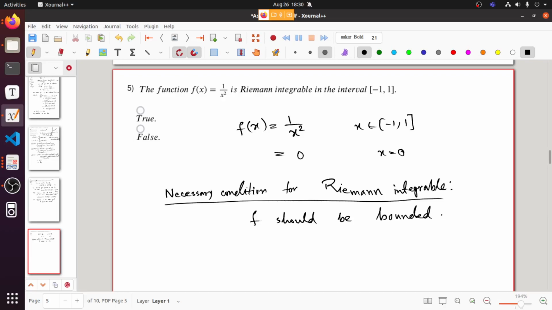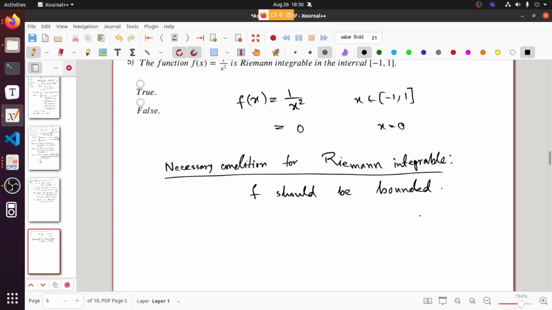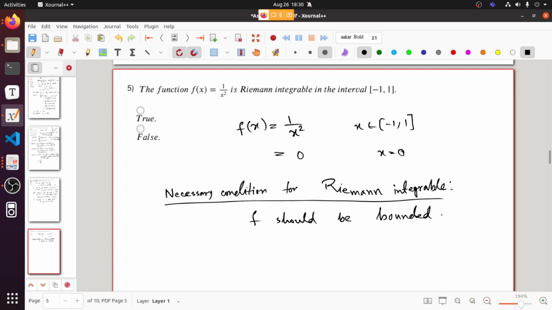So note that this function in the neighborhood of 0 is not bounded. It has an infinite discontinuity.